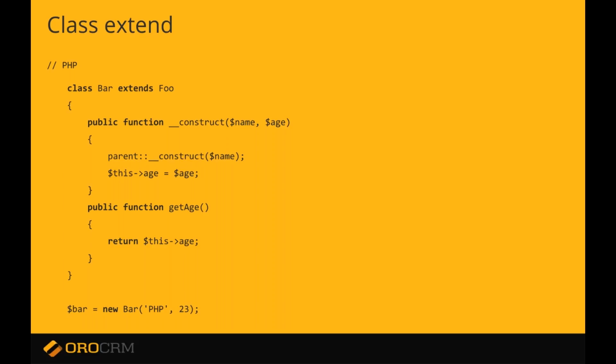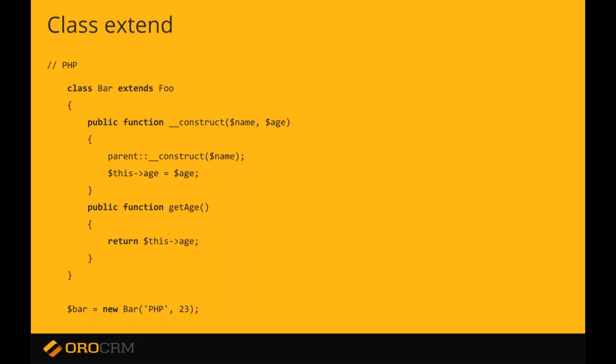So we add our method getAge, and in the constructor we will store the initial age from our argument. Creating a new instance of bar looks pretty much the same. We pass two arguments, PHP and 23, and we will get an instance, and we can invoke both methods of that instance.